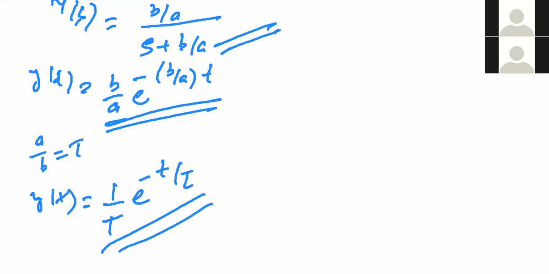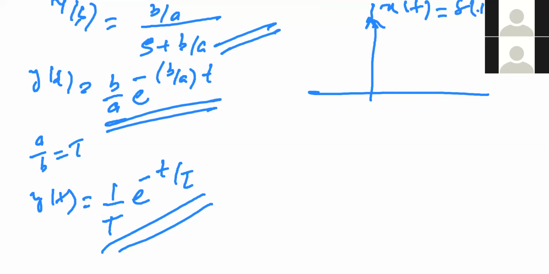So again, if you plot the input function, x(t) is equal to delta t, with magnitude equal to 1.